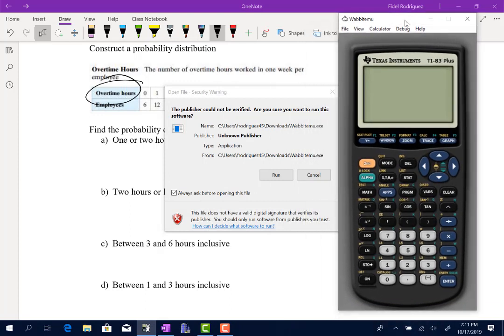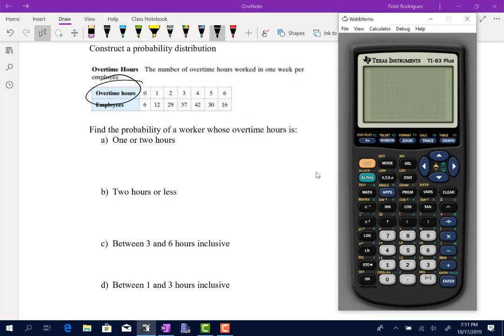Okay, so let me get my calculator over here. Let me first turn it on and clear it. So we're going to take 6 plus 12 plus 29 plus 57 plus 42 plus 30 and one more, 16.